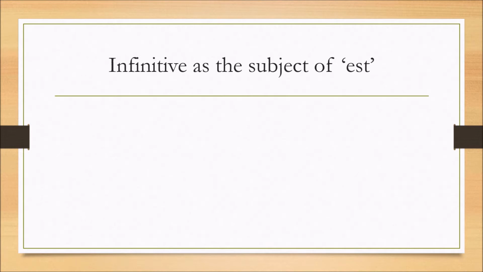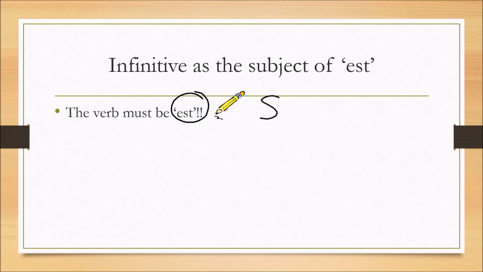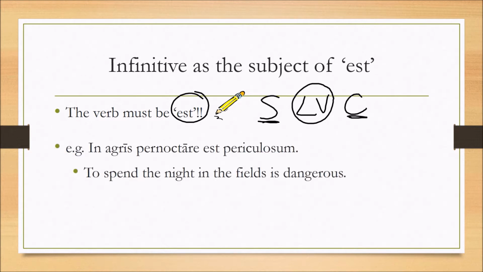Our third use of the infinitive is when it is being used as the subject of est, and the verb here must be est. It becomes very easy to recognize when you have just the verb est plus an infinitive in your sentence. And this goes back to our old subject, linking verb, and complement type of sentences where we're going to use est as our linking verb between a subject and a complement.